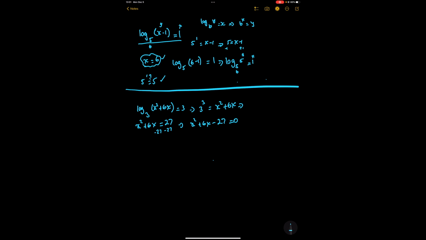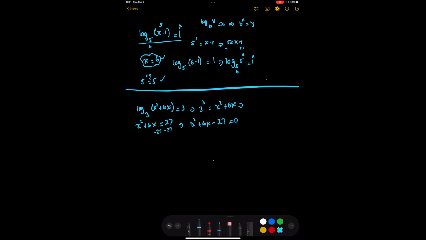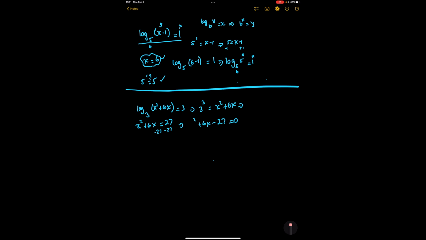And now we are back to just simple algebra. Remember your a squared plus 2ab plus b squared and things of that nature? If you don't, you need them right now. We need to find two numbers that multiply to give 27 and add together to give 6.